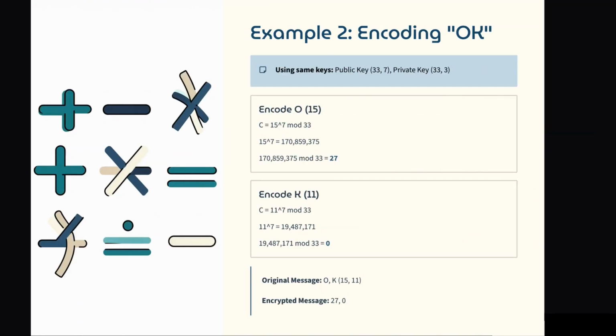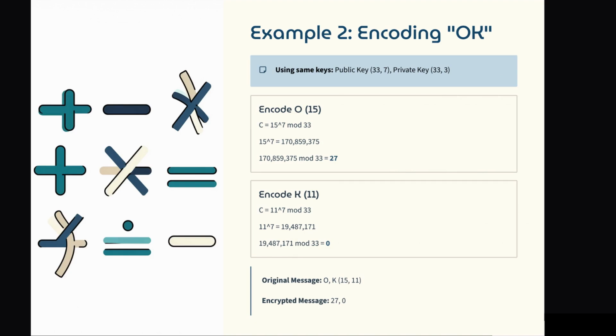So as an example, we are going to encode OK. In our case, we chose for O to be 15 and for K to be 11. C, our encrypted message, would be 15 to the power of 7 modulo 33. 15 to the power of 7 is 170,859,375.